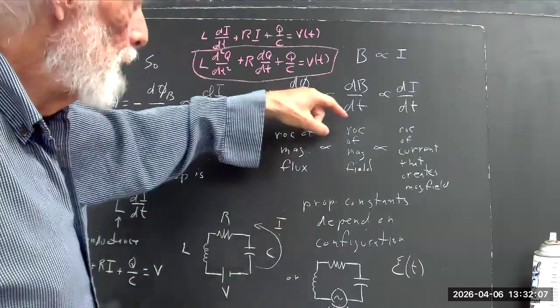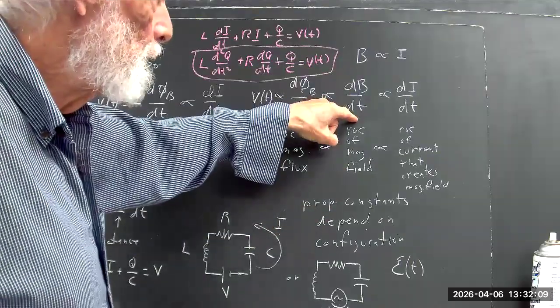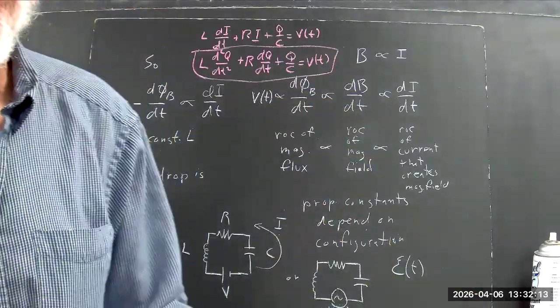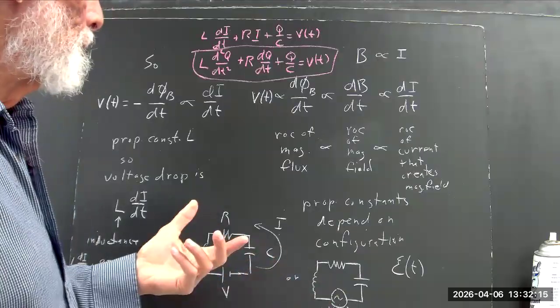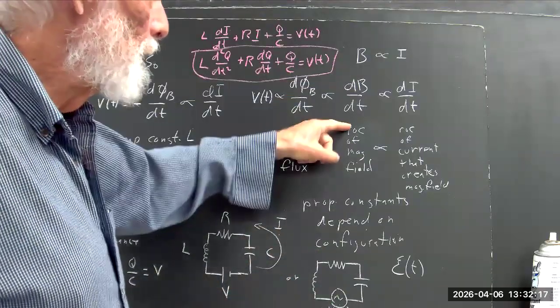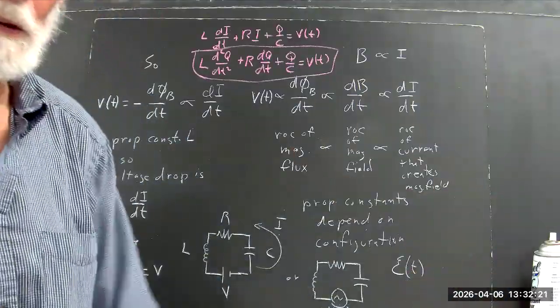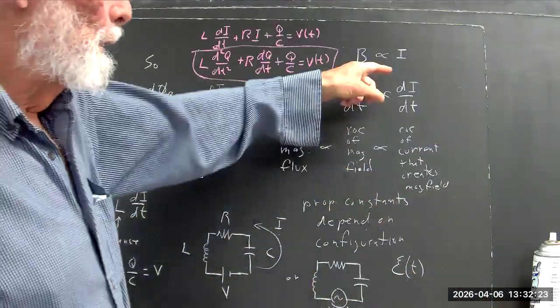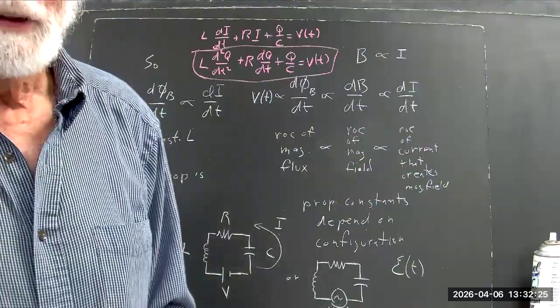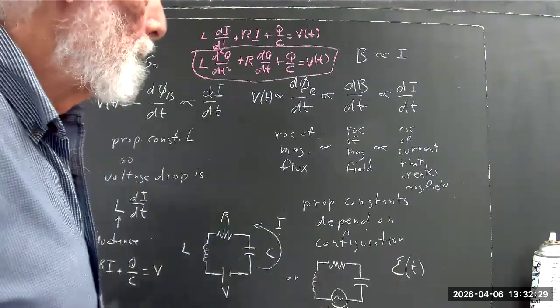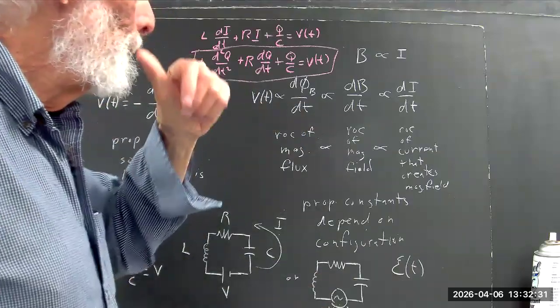And for a given configuration, the rate of change of magnetic flux is proportional to the rate of change in magnetic field. And the rate of change of your magnetic field is proportional, again depending on configuration, to the rate of change in the current. Okay? So those are ideas you want to really lock in.